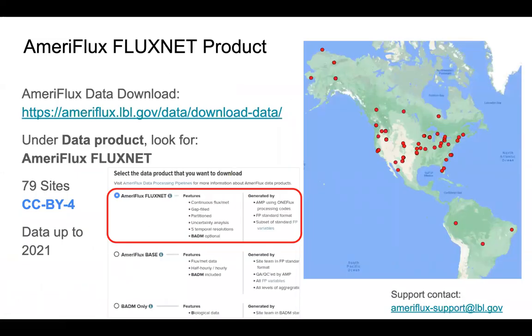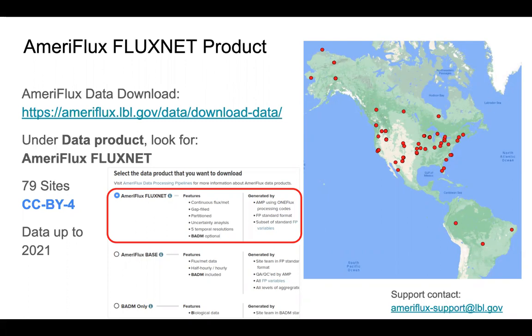Just looking now at the sites that are available via the AmeriFlux data portal. This is the AmeriFlux FLUXNET product. Right now we have 79 sites. I forgot to mention, but FLUXNET2015 went up to 2014 only, and all of the updated products are being made available on the regional network side.